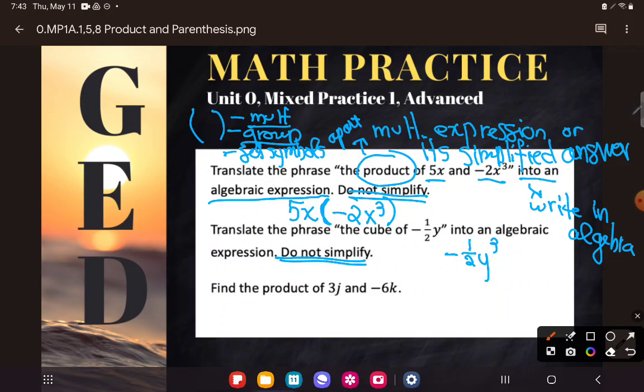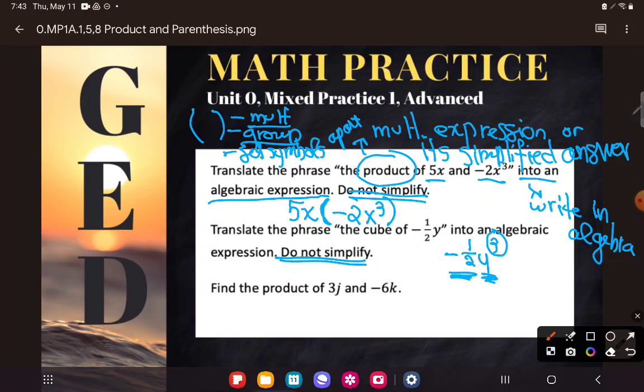Remember that in the order of operations, we see groupings, then exponents, then multiplication and division. And in this little expression here, we have a lot going on. We have this negative 1/2 shoved against this y. Those two things are multiplying. Okay. And then we have this 3 here. That's an exponent.